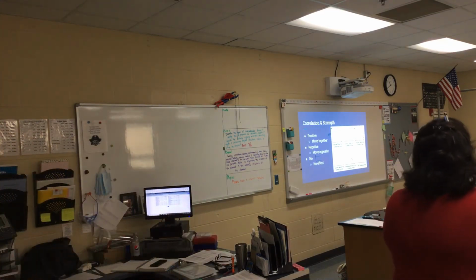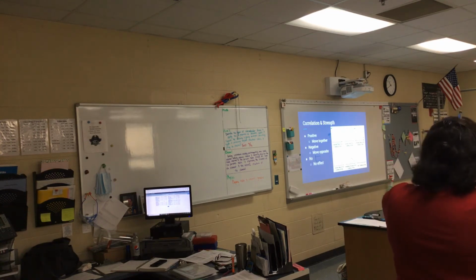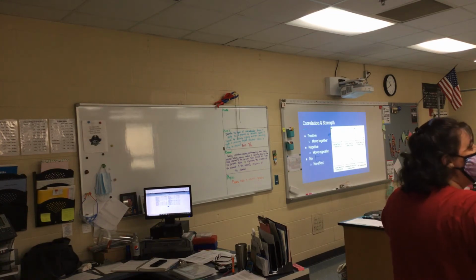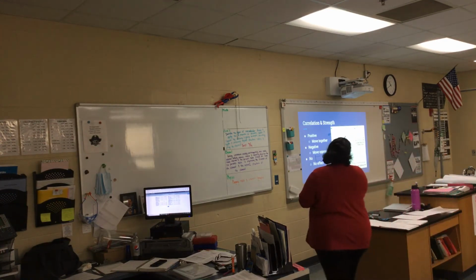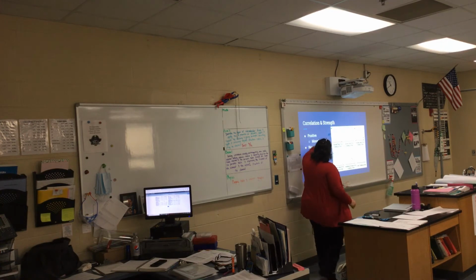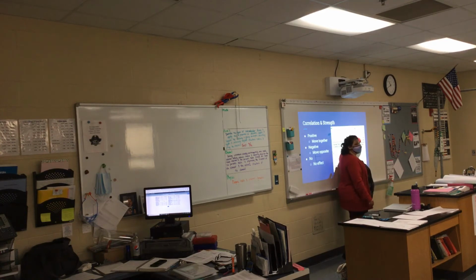Yep. Okay, so horizontal line, no relationship. That horizontal line. So when we have a positive correlation, our points are big together or they're small together. For a negative correlation, one's big while the other one's small.